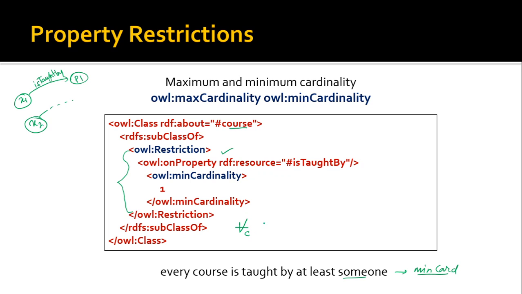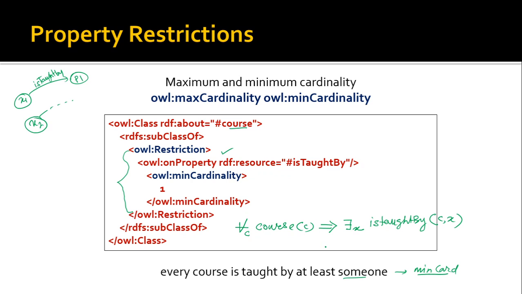So we say a course C is a course if there exists at least one X, and this course is taught by X. That's it. So that's how we can represent this using first order logic, right?